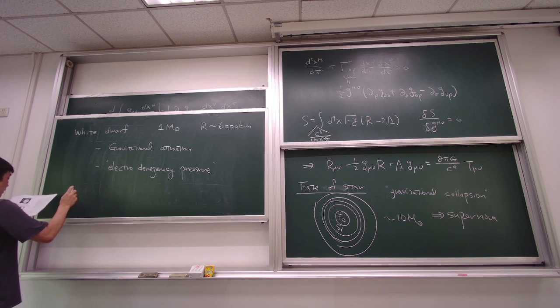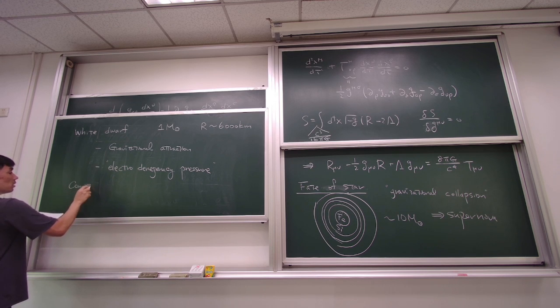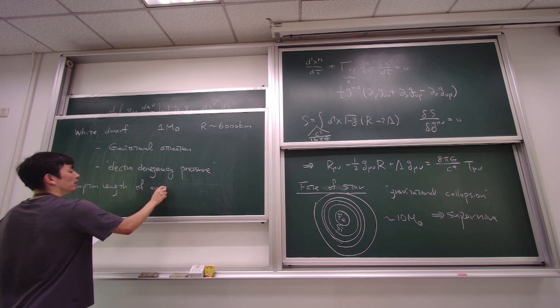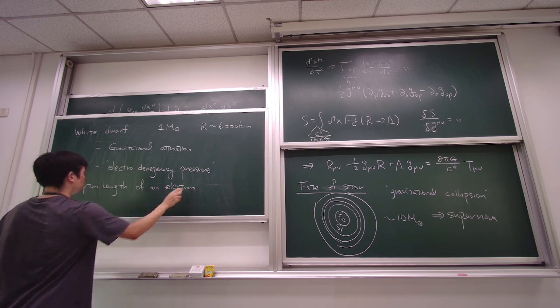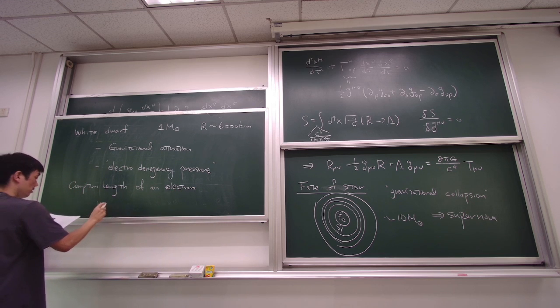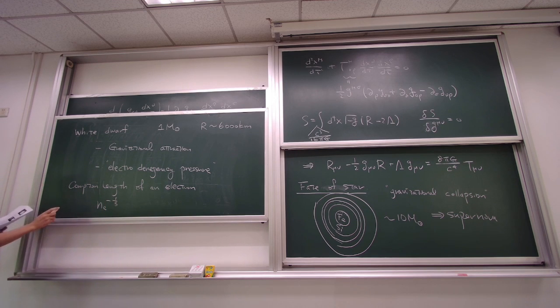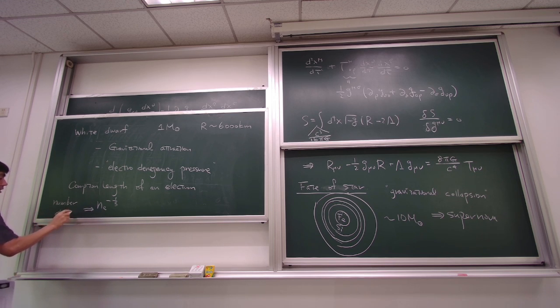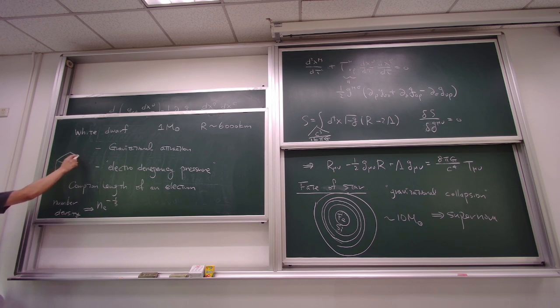So the quantum length of the electron, let's make an estimate, is around n_e^(-1/3). Here n_e is the number density of the electrons. So how much is n_e?